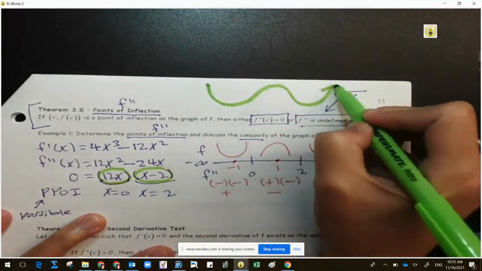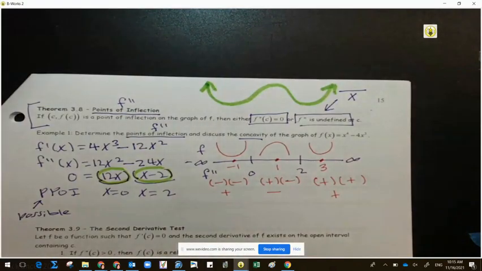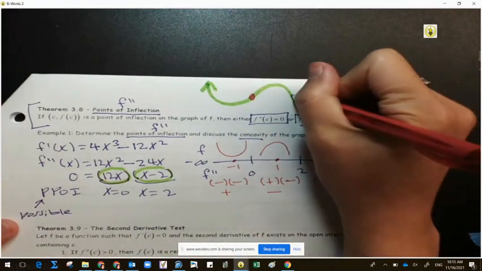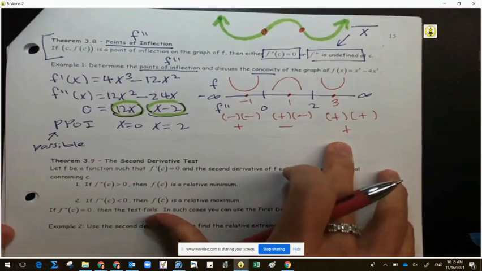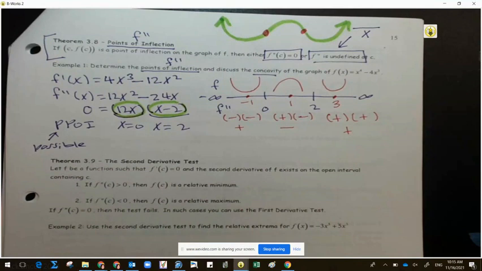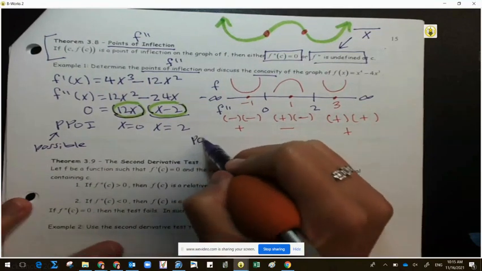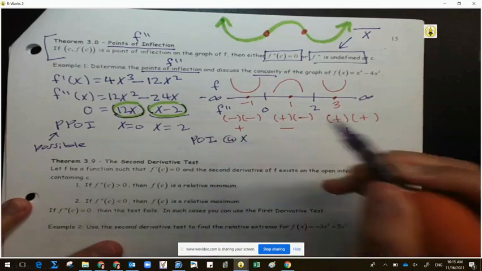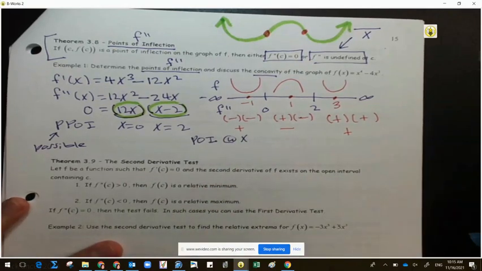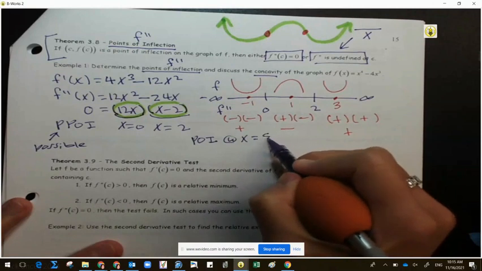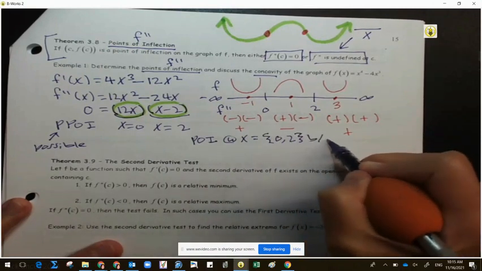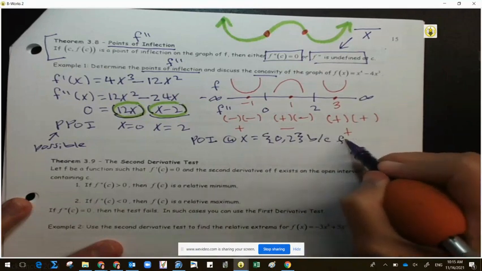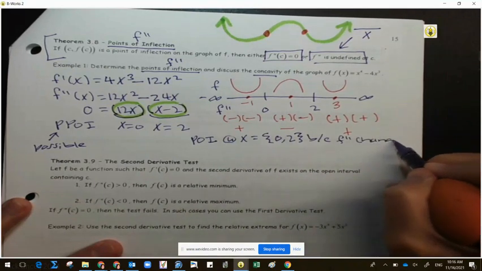The graph is actually doing this, and our point of inflection is where the concavity is changing, and those two numbers are 0 and 2, in case you want to know the original graph. So how many points of inflection do I have here? 2. The first one is at 0, the second one is at 2. And of course, because it's very important, f prime changes signs.